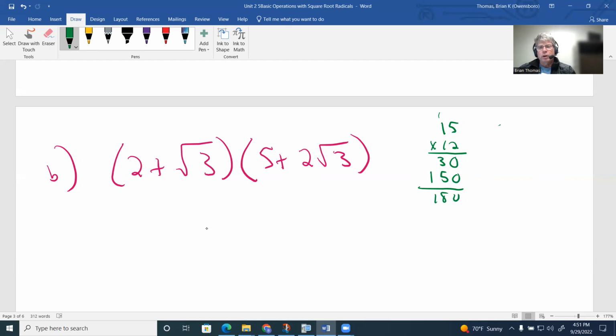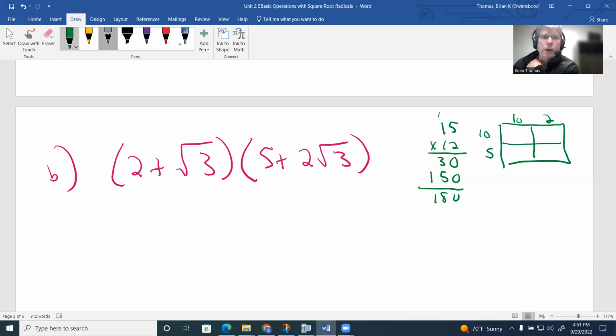You can also use what's called the area model. If I want to multiply 15 times 12 together, what we could do is create a little model here of a rectangle, and area means to multiply the edges together. But what's interesting is 15 can actually be broken apart as a 10 and a 5. A 12 can be broken apart in a 10 and a 2. So instead of trying to find one big area, what we can do is find 4 smaller areas.